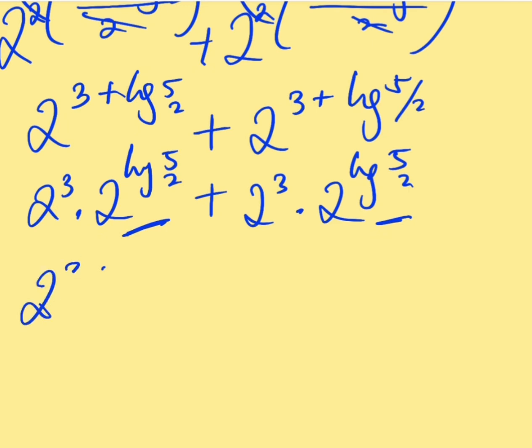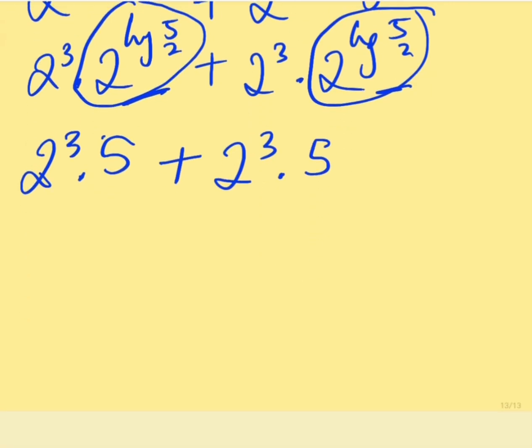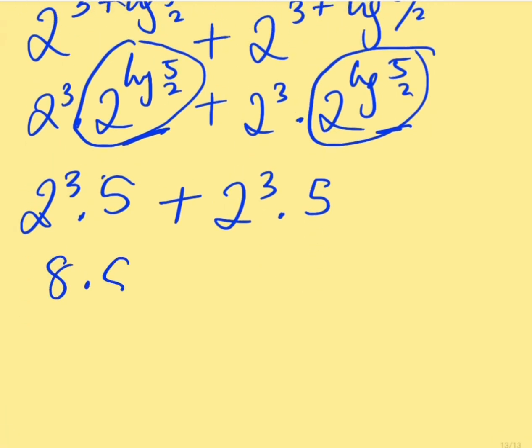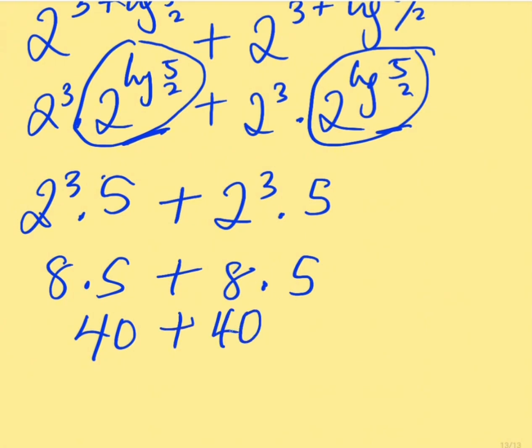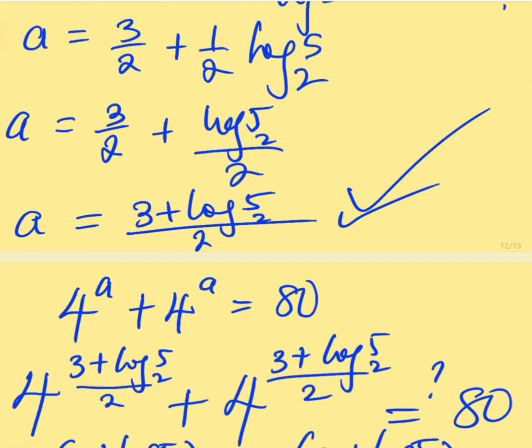So this is 2 power 3 multiplied by, now this will turn to 5, plus 2 power 3 again multiplied by this one, which again turns to 5 according to what I just explained. And 2 power 3 is 8 times 5, plus 2 power 3 again is 8 times 5. 8 times 5 is 40, 8 times 5 is 40. And 40 plus 40 is equal to 80. So 80 is correct. That shows that our solution is 100% right.